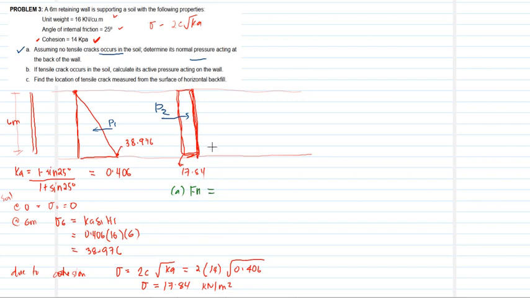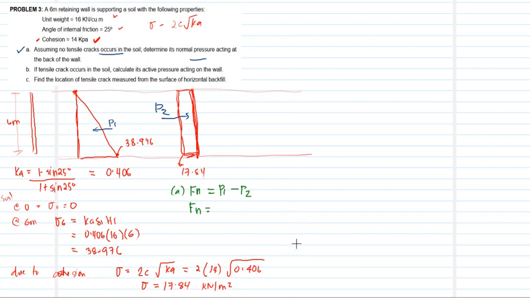That is equal to P1 minus P2. Diba? Wala pa tayong crack. So, ima-minus natin yung pressure due to our soil and due to our cohesion. So, yung magiging Fn natin dito, yung P1 natin, solve muna natin pala yung P1.